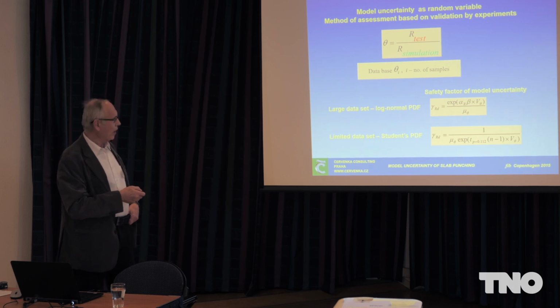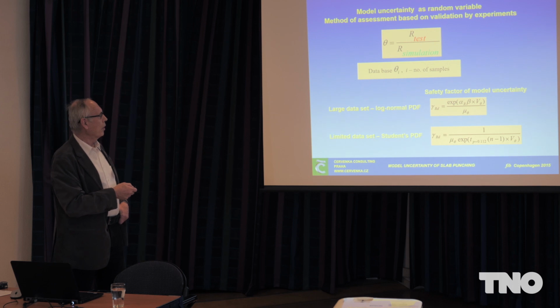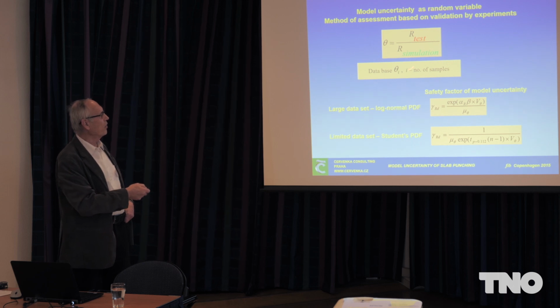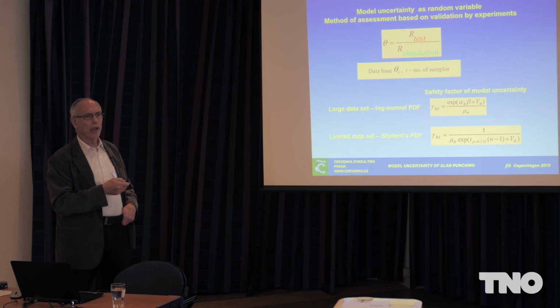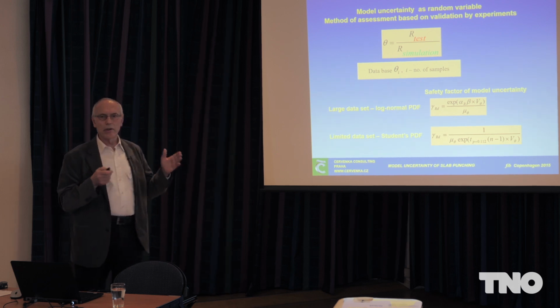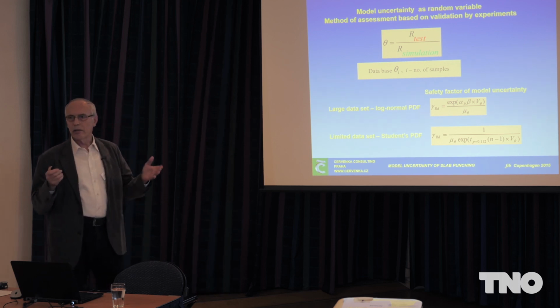Okay, so what I will show you, I will generate a group of these results, and then I say, okay, we assume that this is random. We assume even what the probability density function is, but it is not necessarily the same function.